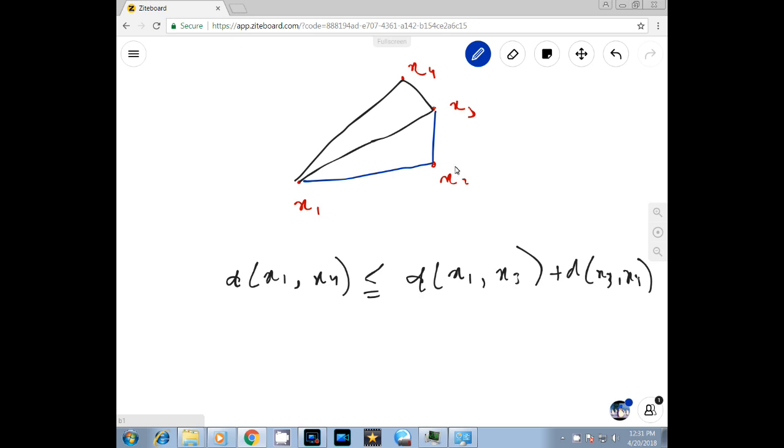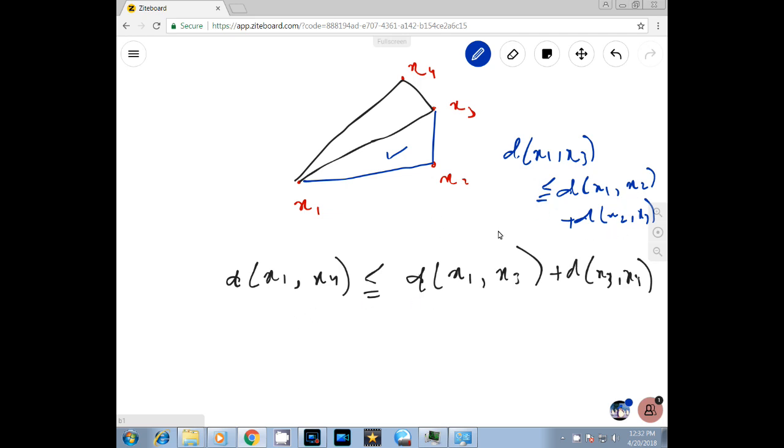So by applying the triangle inequality on this triangle, we have the distance of x1 and x3 is less than or equal to the other two distances, that is, the distance of x1 and x2 plus the distance of x2 and x3. So put this inequality right here: d of x1 x3 is less than or equal to d of x1 x2 plus d of x2 x3.